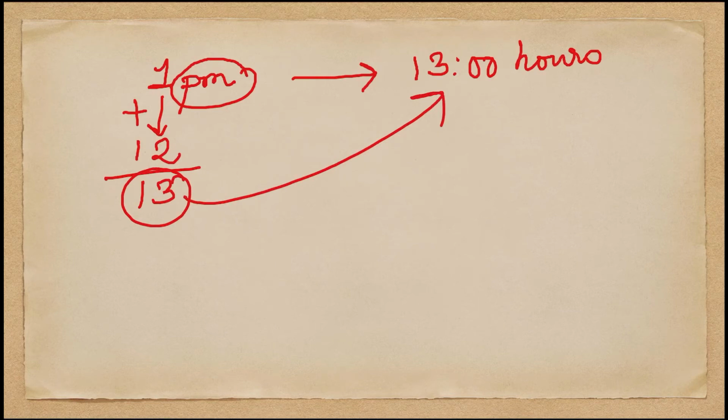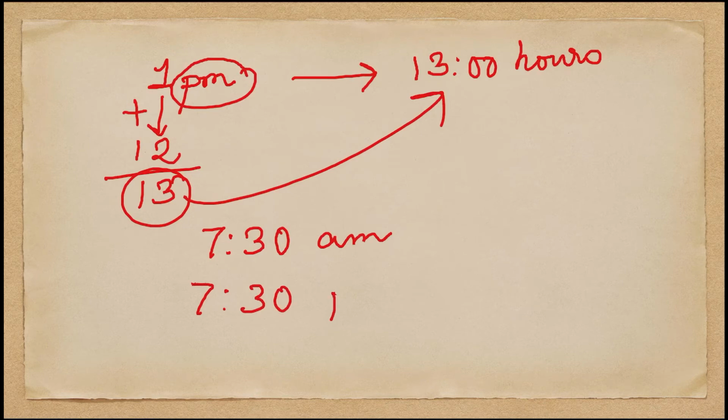Let us take another example. 7:30 AM and 7:30 PM. Both we have to convert to 24-hour system. The first thing that we will see is whether it is AM or PM. In this case, it is AM, so we have to do nothing.